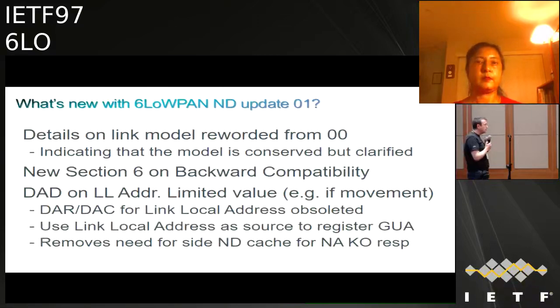So what we say is, since we use the link local address only in the connection between the device and the 6LR, then it's enough to keep this registration inside the 6LR, and there is no point in doing the DAR-DAC exchange between the 6LR and the 6LBR. And really, that saves us a very weird process that we had.